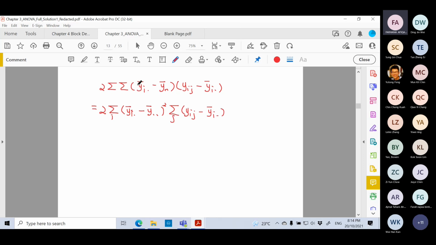Because this one does not have a j here, you can bring it out to become this form. If you observe this summation, it will go to 0 because it is a summation of j. This part you have a summation of j here, but this part you do not have a summation of j. So we just concentrate on this part here. You have 2 times the summation of i.